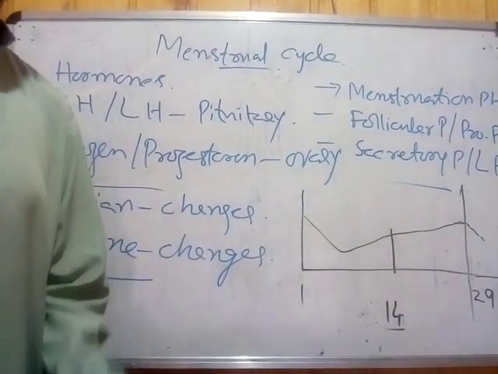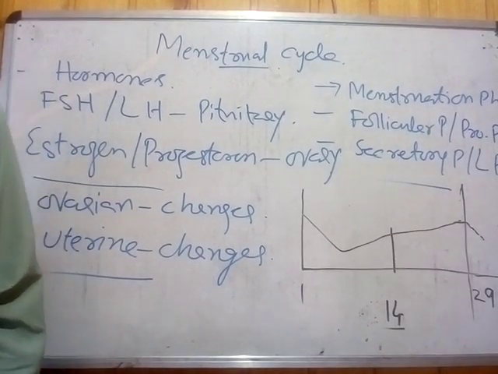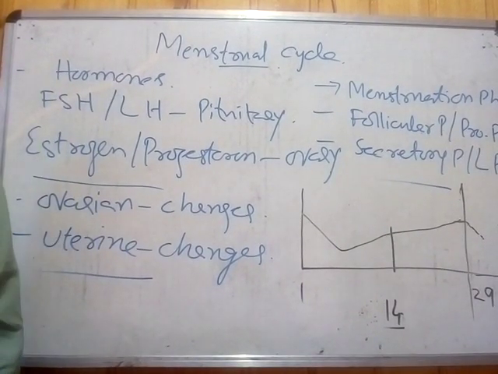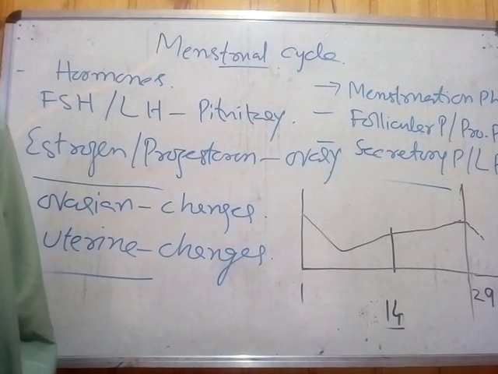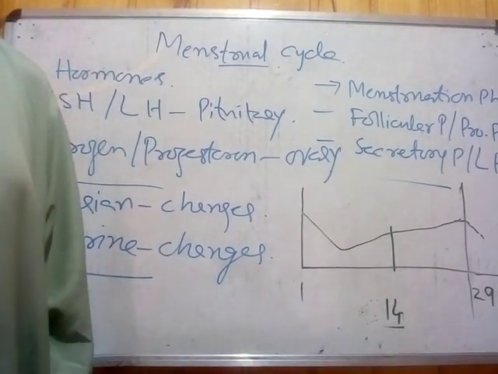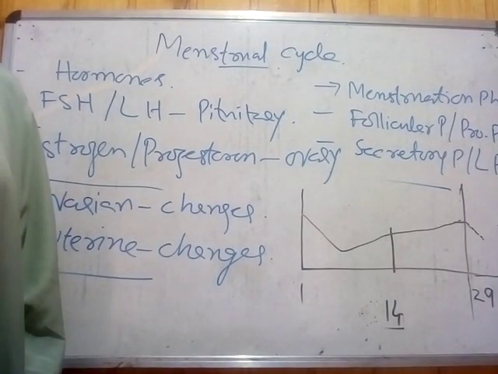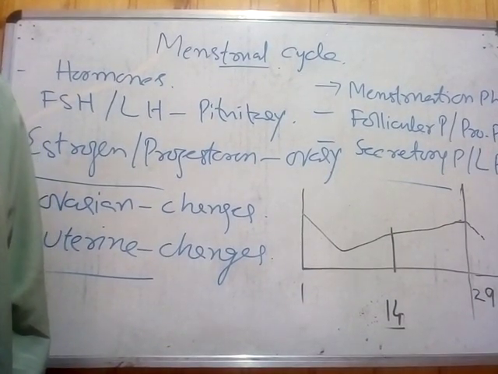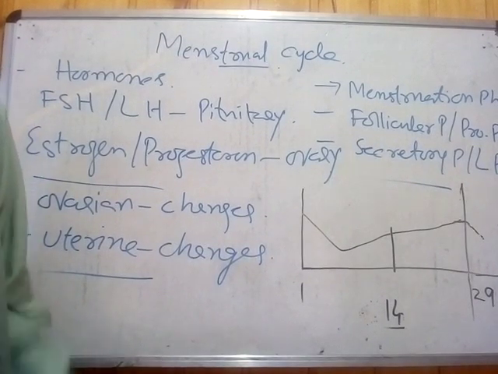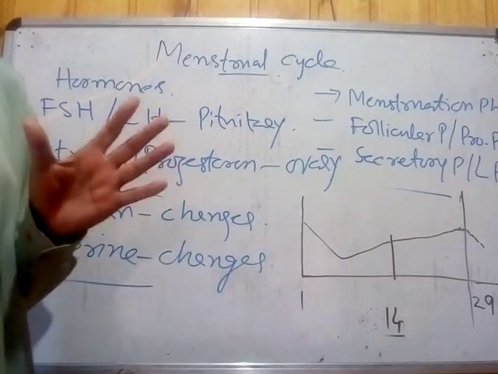And out of these 60 to 80,000 primary oocytes, only 450 primary oocytes are used by the female body throughout her reproductive period in her life, which begins with menarche and ends at menopause.